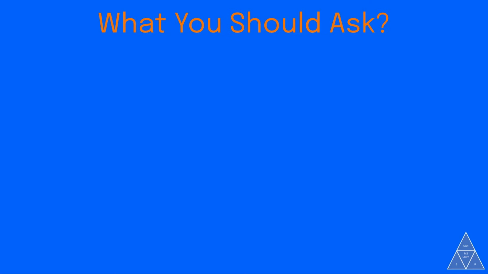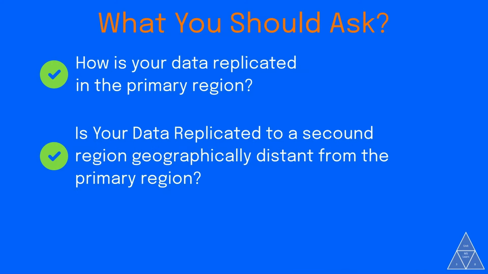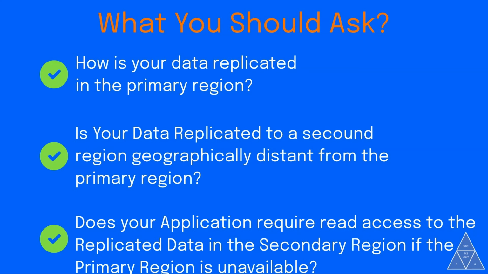The factors that help determine which redundancy option you should choose include: how is your data replicated in the primary region? Is your data replicated to a second region geographically distanced from the primary region to protect it against regional disasters? And does your application require read access to the replicated data in the secondary region if the primary region becomes unavailable?